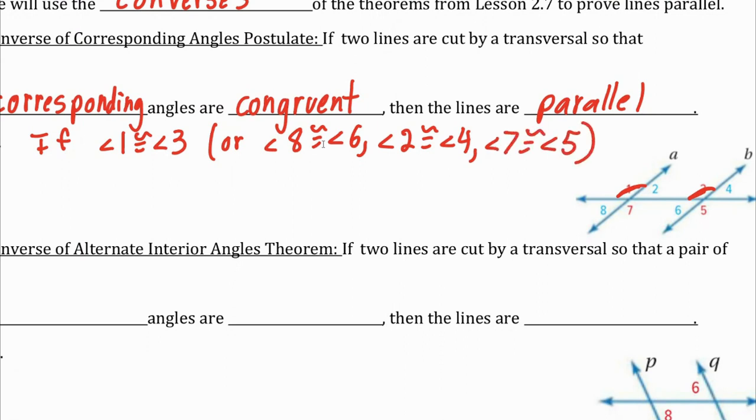If those are true, then we can say that line A is parallel, and we use those two lines to denote parallel, to line B. So if those two are congruent, we can then say these two lines are parallel.